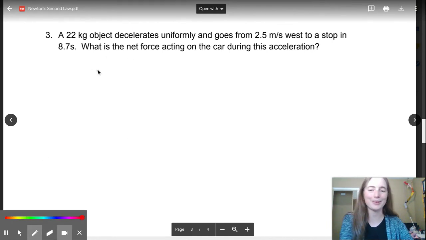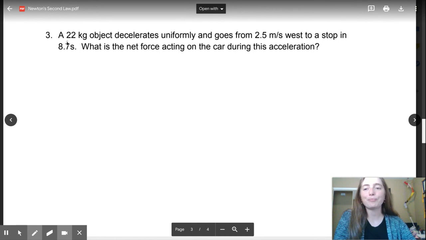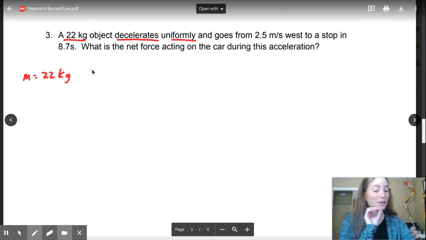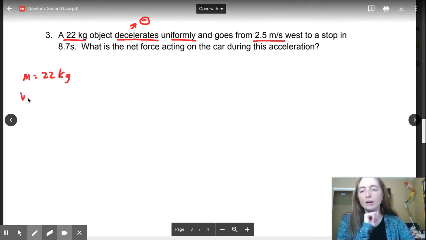Okay, so let's look at question 3. A 22 kilogram object, all right, we have the mass, decelerates uniformly. Okay, so we know we're going to be slowing down here, so that means our A is going to be negative. Okay, and goes from 2.5 meters per second west. Okay, that's our VI.